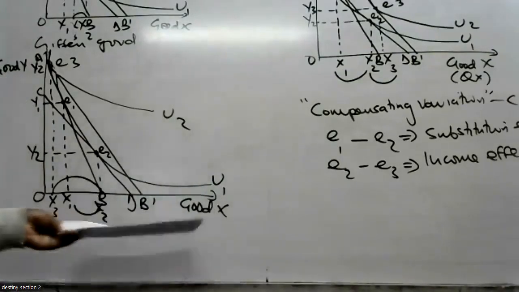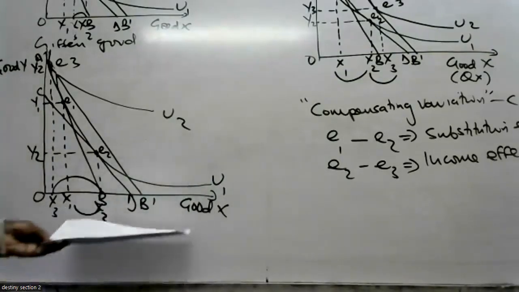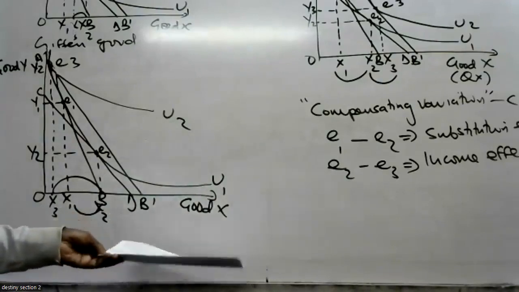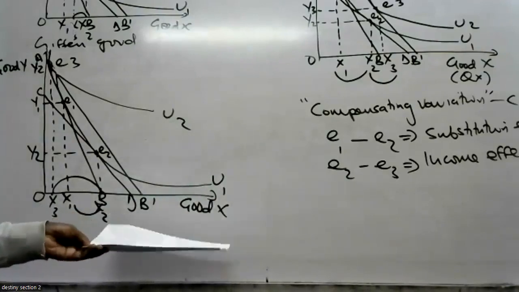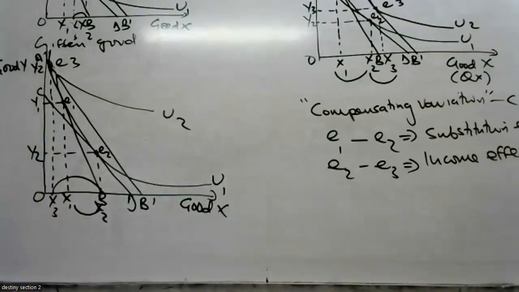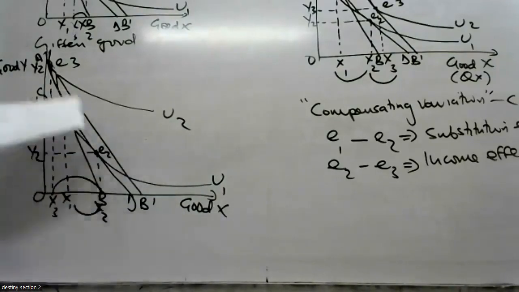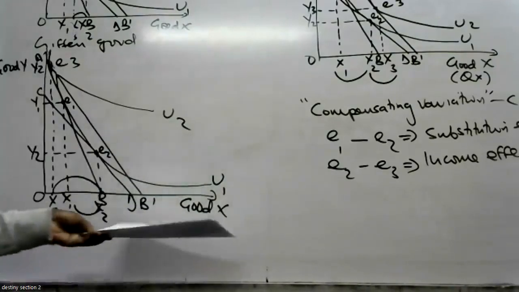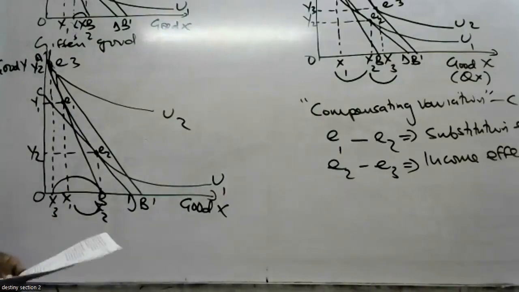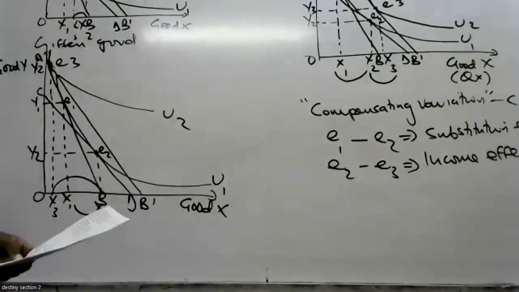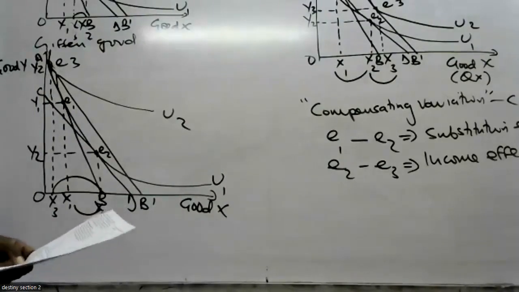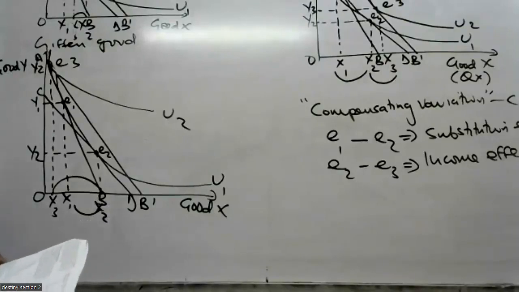So for a Giffen good, what this shows is if the price of X falls, then the total effect of that will be a fall in its consumption. Actually, you'll buy more of the other commodity because this good is Giffen. So that's the distinction between a normal, inferior, and Giffen good.